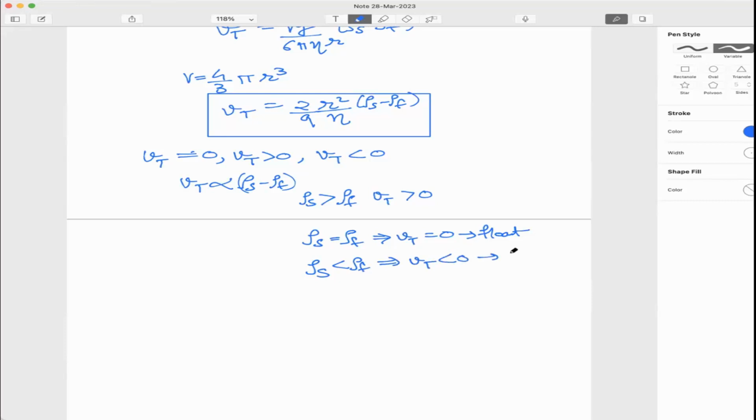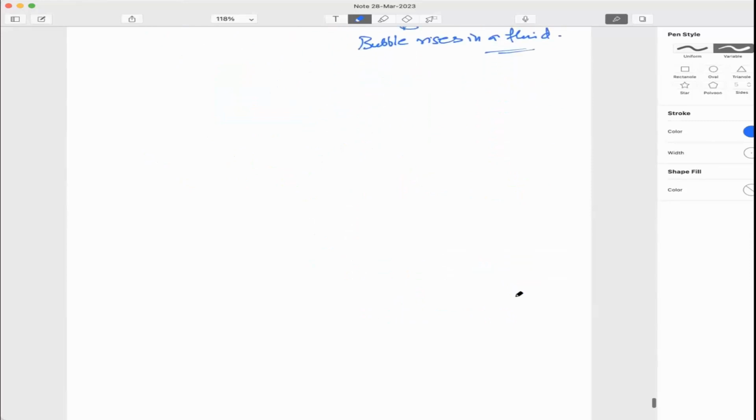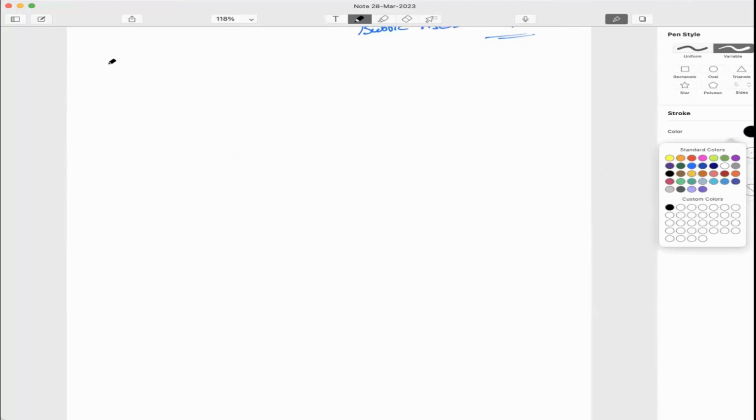And that is, for example, if you have a bubble in water. The density of a bubble is basically that of air, around 1.2, which is less than the density of water. So we have seen that a bubble rises in a fluid. Now let's look at one question related to the terminal velocity.